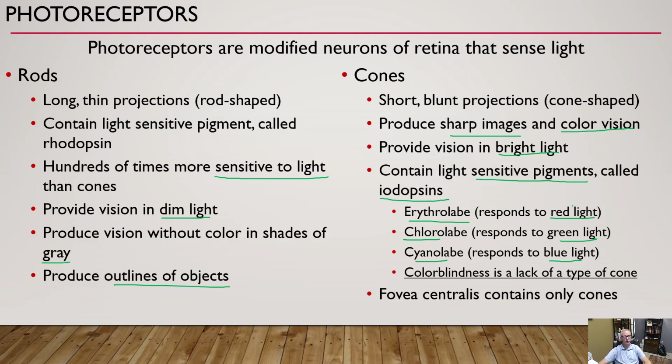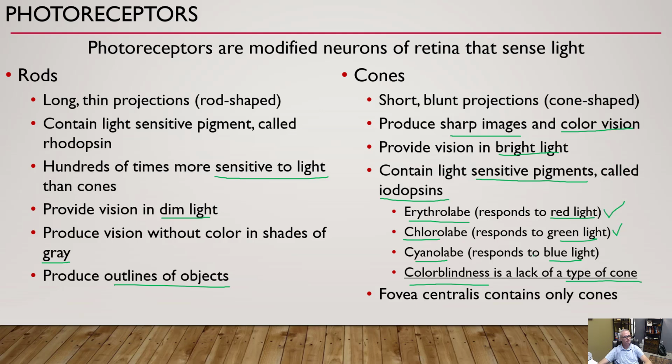And so by combining red, green, and blue, we can kind of see all of the colors of the spectrum. Now, if you are colorblind, it's because you have a lack of a type of cone. And typically, colorblind people are first not going to be able to see shades of green and or shades of red.